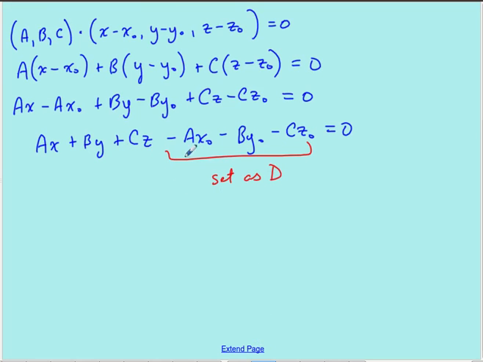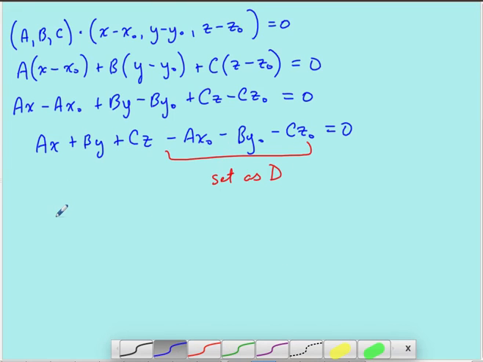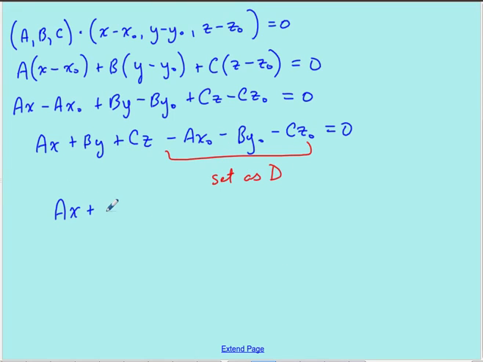Sorry, I said line a moment ago, for the plane. And so I end up with the equation ax plus by plus cz plus d is equal to 0. And this is the Cartesian equation of a plane.